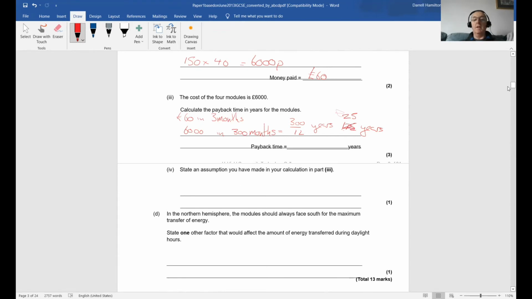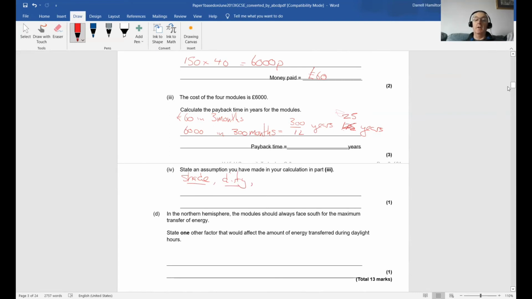State an assumption you've made in your calculation in part 3. Well, the assumption you're going to make is going to be around the amount of light arriving or the efficiency of the panel. So you could say things like shade. You could think about the panel becoming dirty. So you're assuming that there is no more shade, that the panel doesn't get dirty over that time.